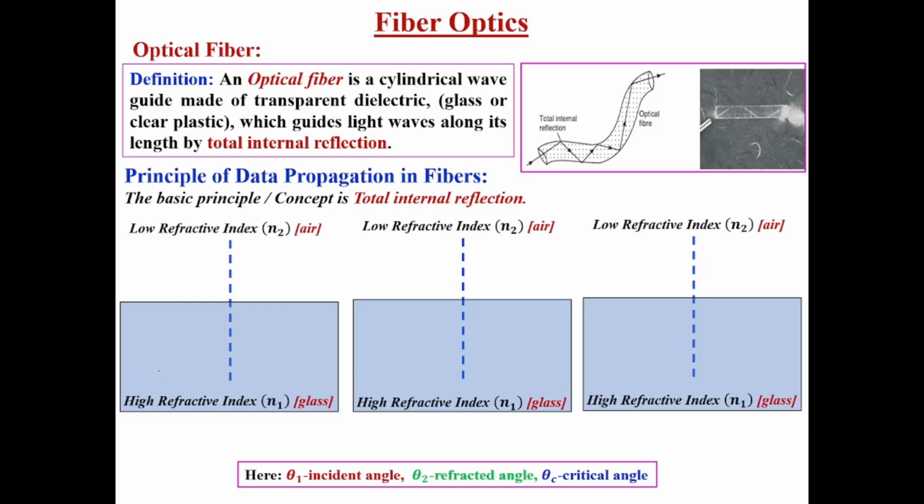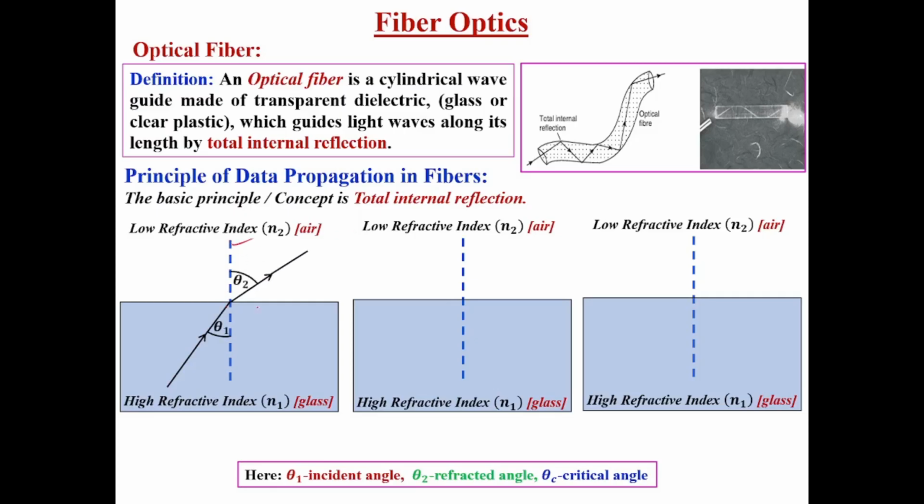Here you can see, I consider a high refractive index medium, suppose glass, and another medium with low refractive index n2, suppose air. A light incident from this medium at this interface with an angle, suppose theta 1, will be refracted like this with an angle theta 2.